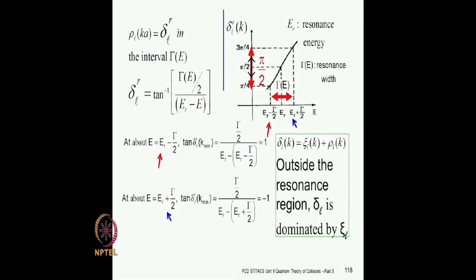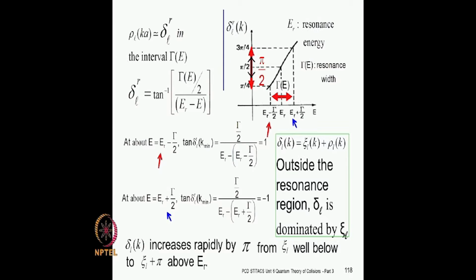Outside the resonance region, of course, most of the phase shift is coming from the impenetrable part. That is the one which dominates the region outside the resonance, but in the resonance region, the phase shift delta superscript r, or what is our rho, makes an important contribution.